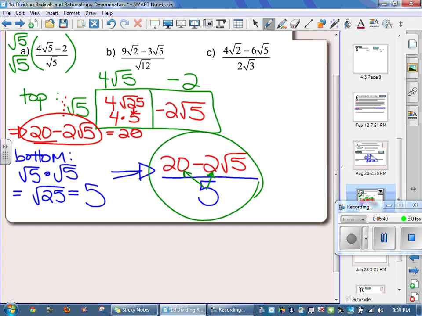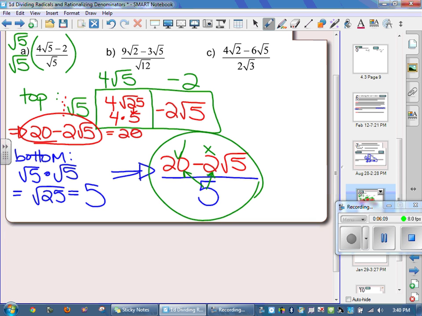No. The 5 on the bottom can only reduce if he divides into all of the numbers on top, except for the radicand under the root sign. So I know he's going to divide into the 20, but he does not divide into the 2. He has to divide into both for me to reduce it. That's how I know he's already in the reduced simplest form, because he does not divide into 2 evenly without giving me a decimal. So this answer is completely finished. That is what it would look like.